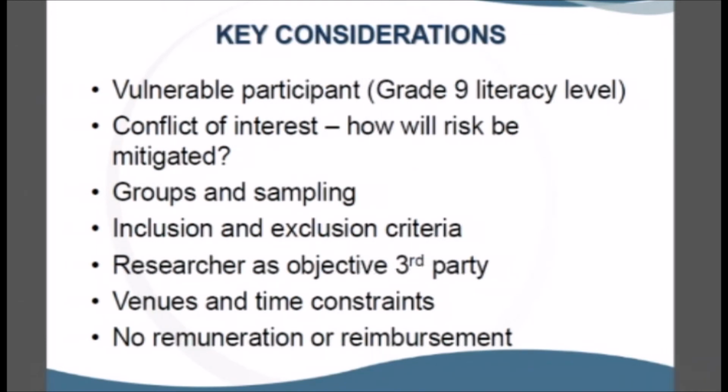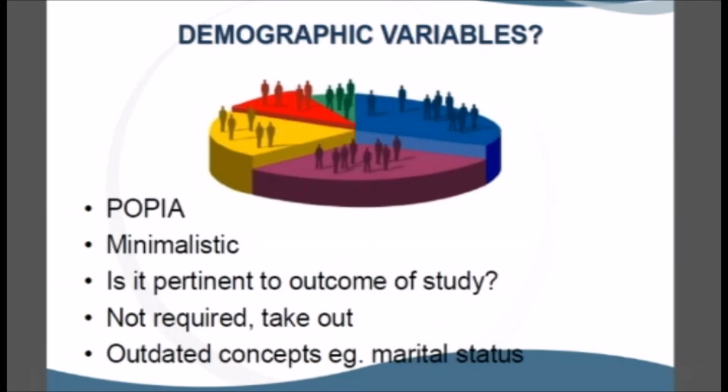People in top management don't always have time, so just bear that in mind. You are not allowed to provide any remuneration, gifts or reimbursement to the people who participate in your study. Not at all.